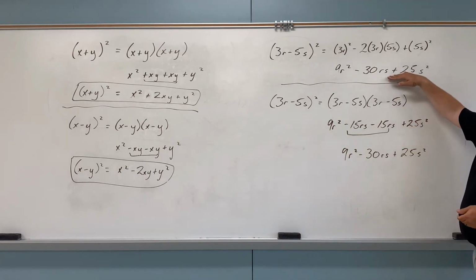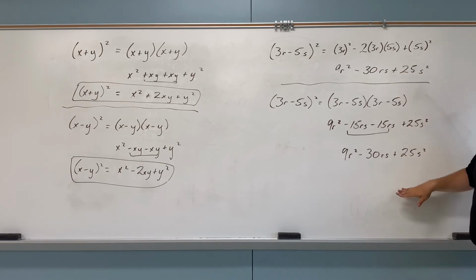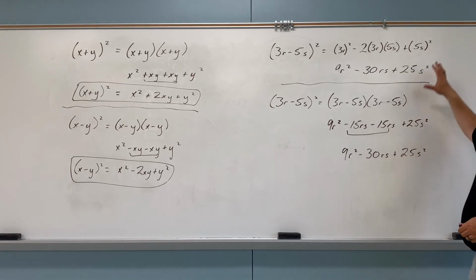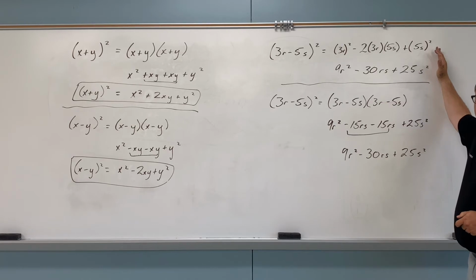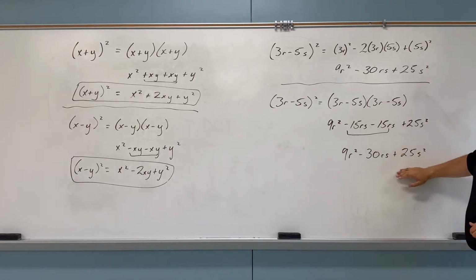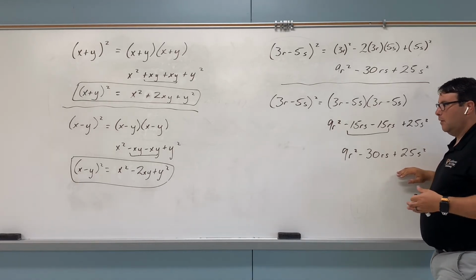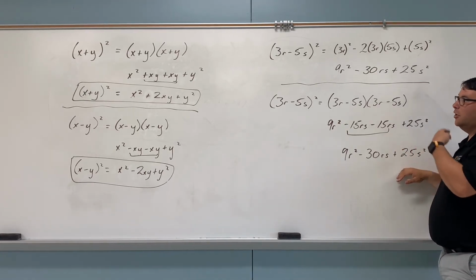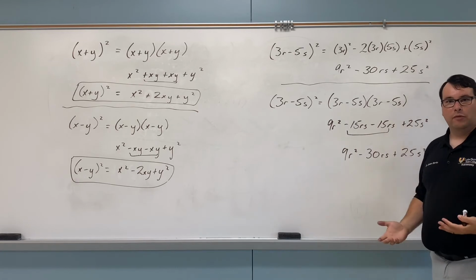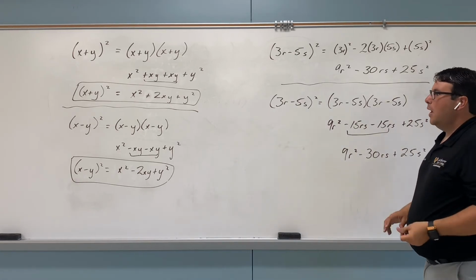This and this are exactly the same. So if you're not getting the definition right off the bat, just go back to FOILing. It's easier that way if you need to see it step by step. The definition is just meant to save you a few steps. That's all it is.